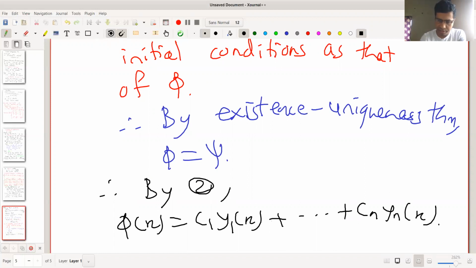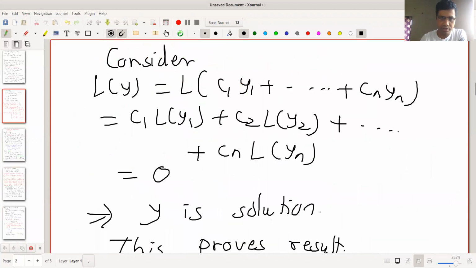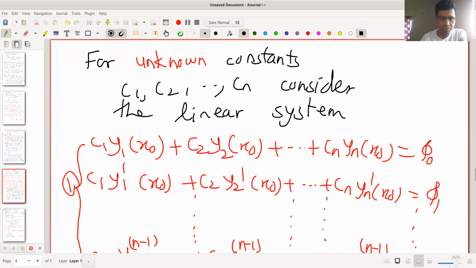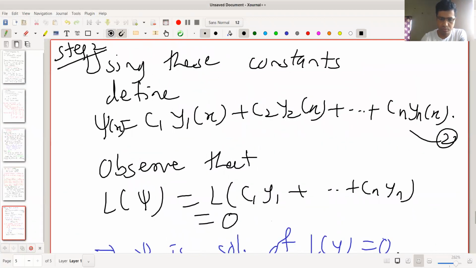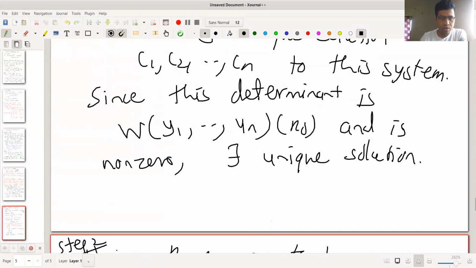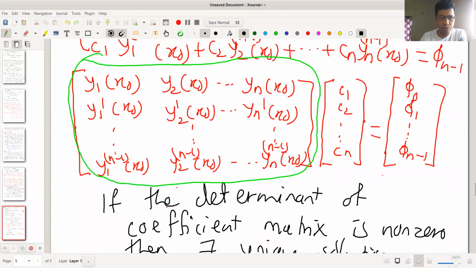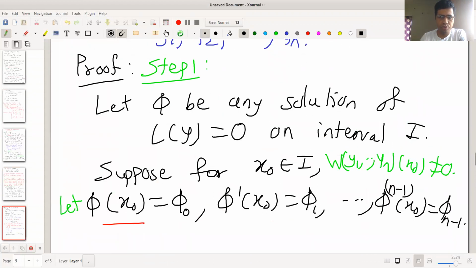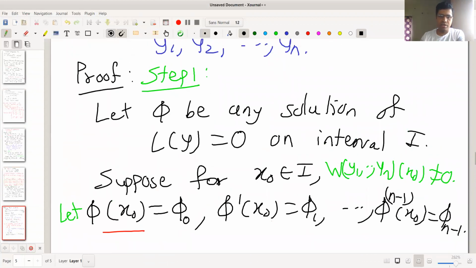In the first step, we have taken a solution phi, any solution phi to this homogeneous differential equation.